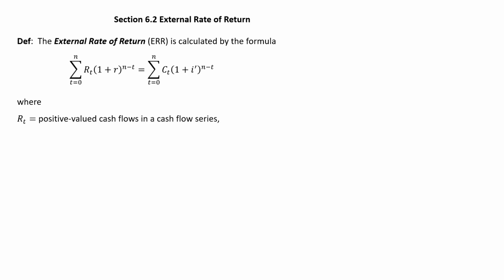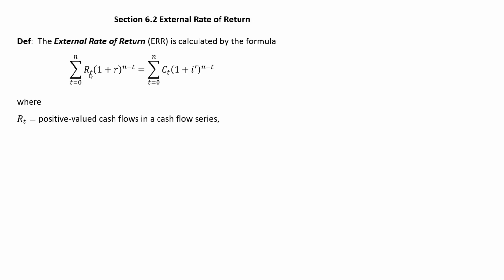So what you do is you take all those positive cash flows. Let's say there is a positive cash flow at t equals 1. Well, what do you do? That r sub 1, that's a positive cash flow, times (1 plus r) raised to n minus t. What are we doing when we do that? All we're doing is finding the future value at t equals n of the positive cash value occurring at t.